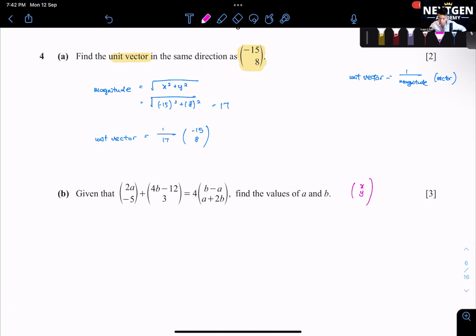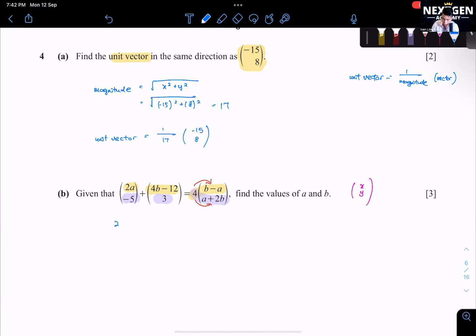The careless mistake I always see is that when students do the multiplier, you all multiply it on top, because you see it as a fraction. So don't lose marks because of this. Make sure you multiply the top and the bottom, both your x and your y. It's not a fraction, this one. Whatever is on top, we multiply and add with each other, then whatever is the bottom will be our second equation.